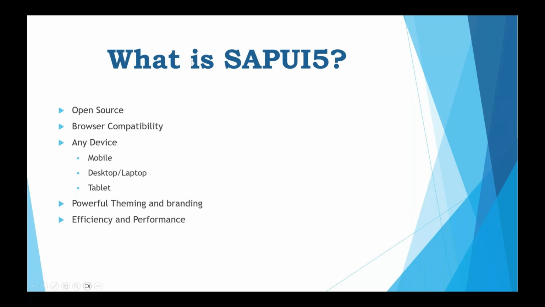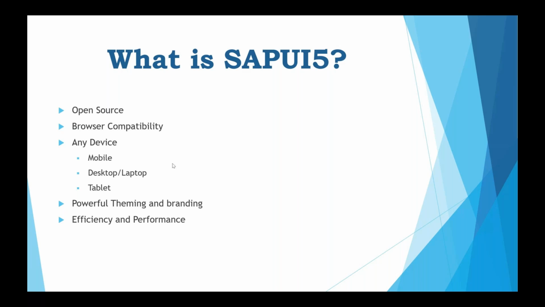Browser compatibility is very important. The same application you developed in SAP UI5 can be opened in Google Chrome and in Microsoft Edge, with no issues at all. Every browser will open it on any device, whether mobile, desktop, or tablet.